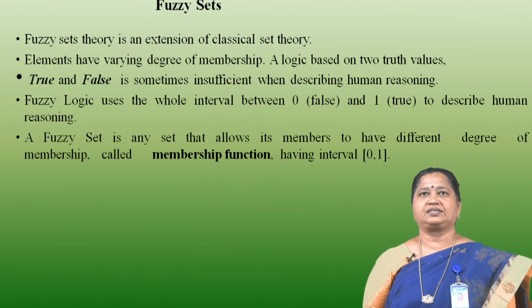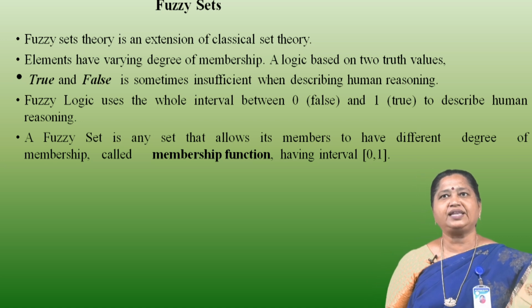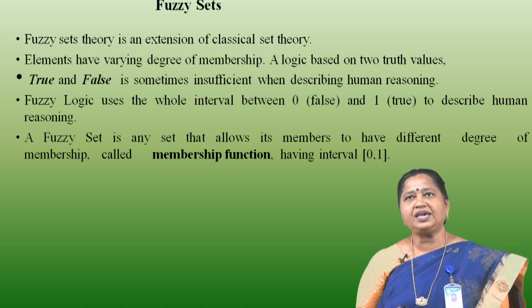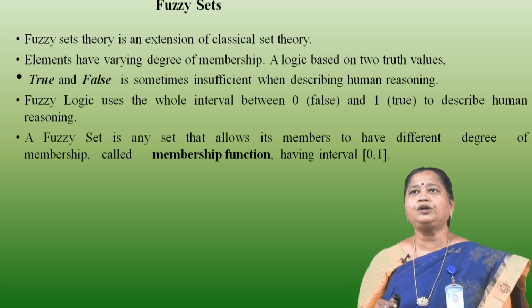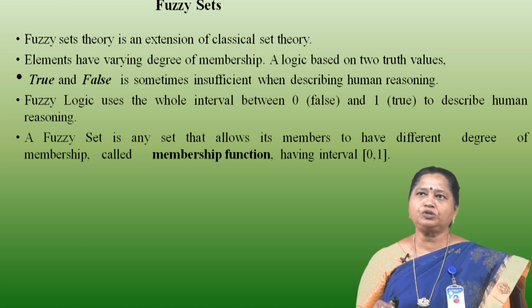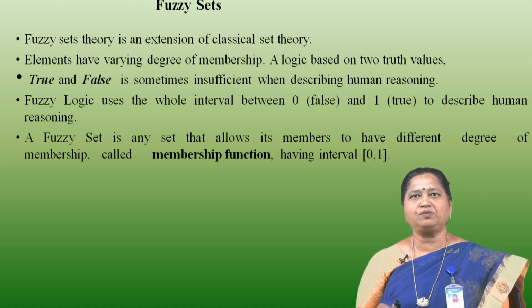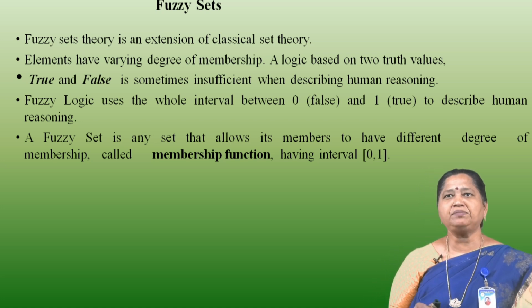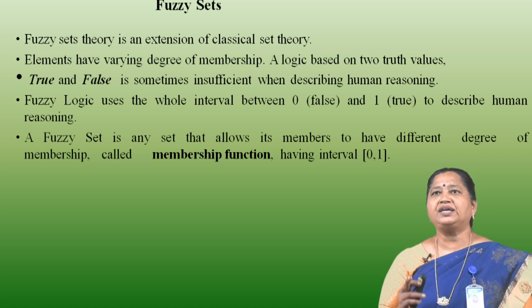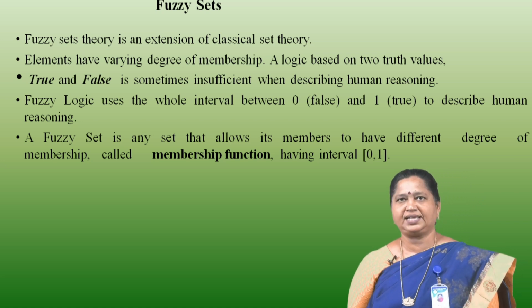Next, fuzzy set. Fuzzy set theory is an extension of classical set theory. The elements have varying degrees of membership. A logic based on two truth values, that is 0 and 1, true and false, is sometimes insufficient when describing human reasoning.